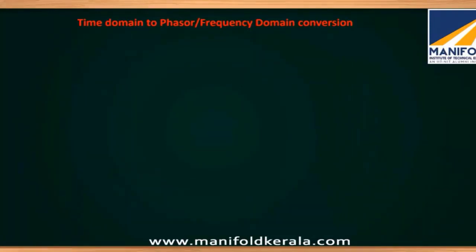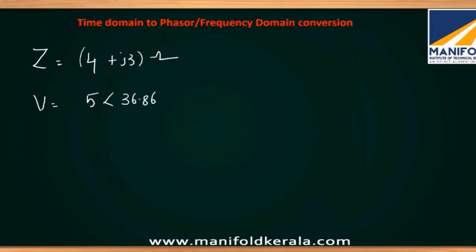Next. Z is equal to 4 plus j3 ohm. V is equal to 5 at an angle 36.86 volt. What is Z and what is V? Option A: both are polars.